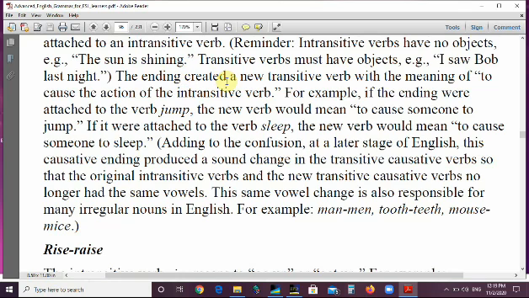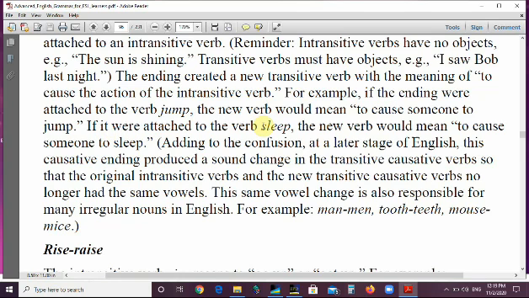The ending, which was added to an intransitive verb in the past, created a new transitive verb with the meaning of to cause the action of the intransitive verb. For example, if the ending were attached to the verb jump, the new verb would mean to cause someone to jump.